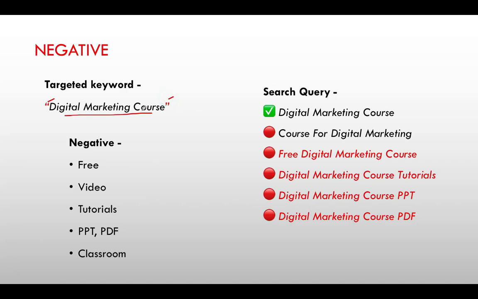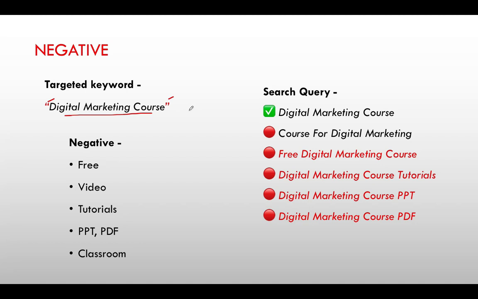Your ad will get triggered when someone searches for digital marketing course, because the keyword and the search query have all three words in the same sequence. But the problem is, when someone searches for free digital marketing course or digital marketing course videos, your ad will still get triggered.